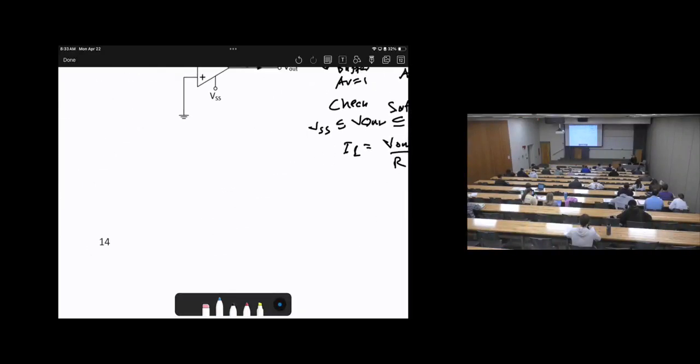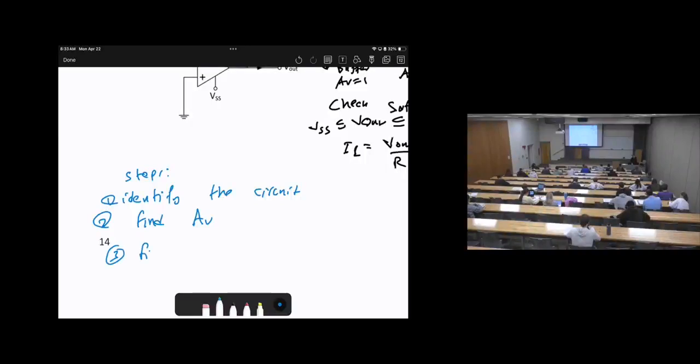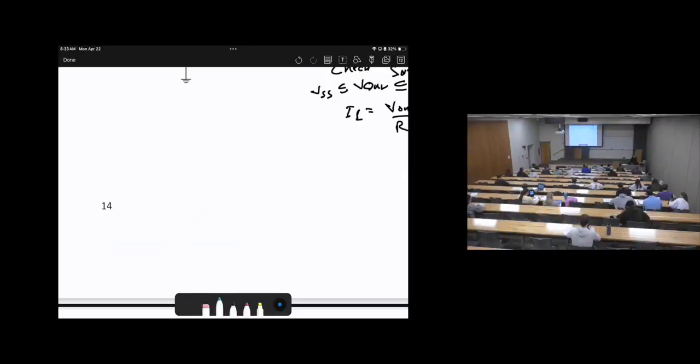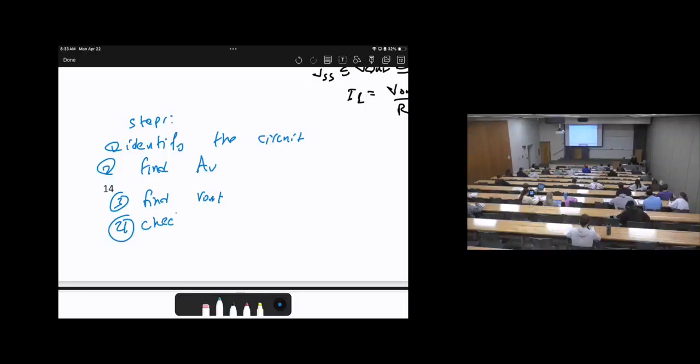So I can say the steps: identify the circuit, then find closed loop gain, then find V out, then check saturation, then number 5, which is find I, if needed.